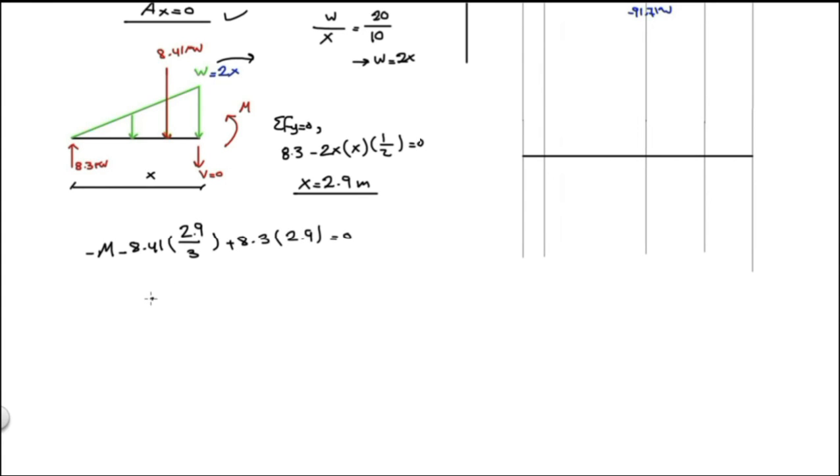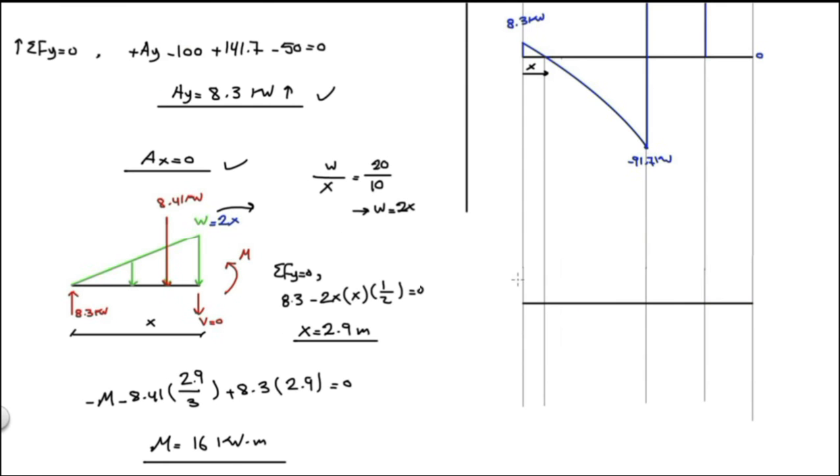Solving for M equals 16 kilonewton meter. So at the zero shear point, the moment is 16 kilonewton meter. And we will have a curve here.